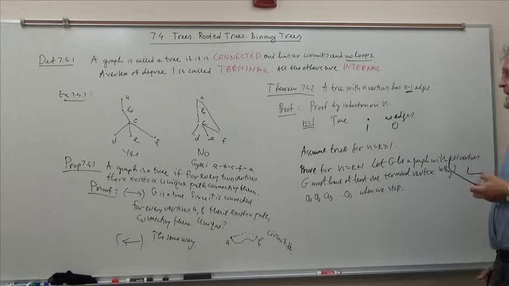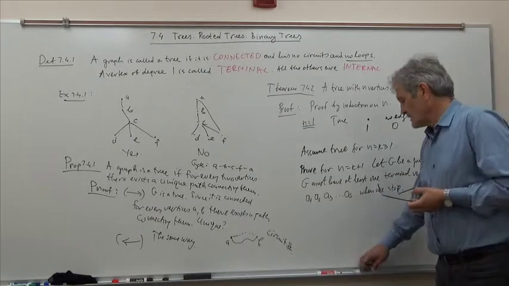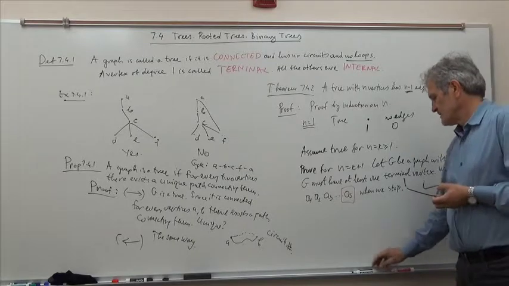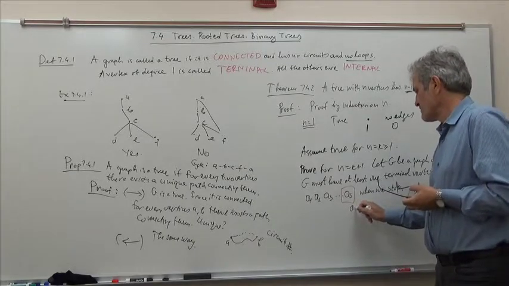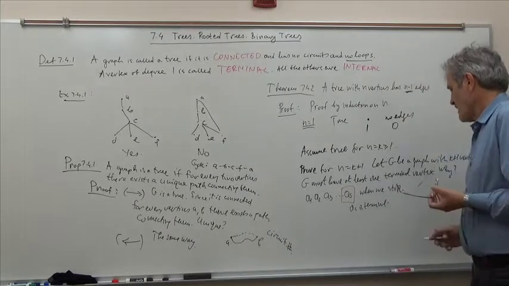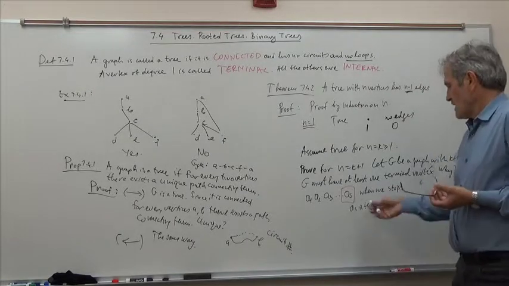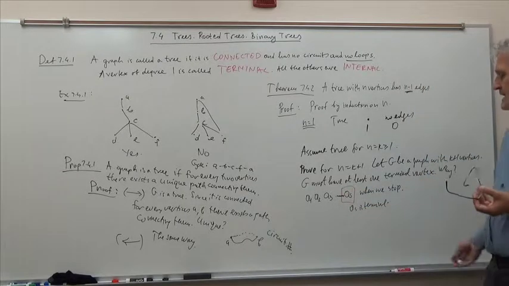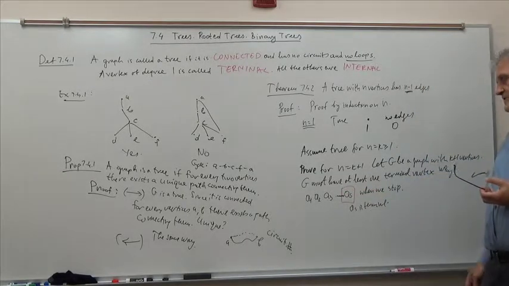Now we claim that this last one in the path, AS, is terminal. Why? Because it is connected with AS minus 1, and that's the only connection of AS.